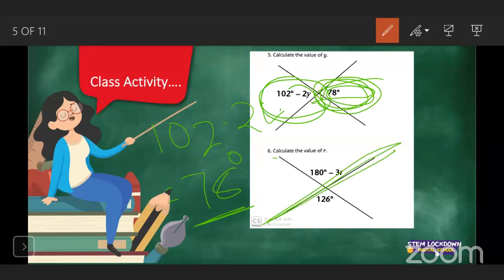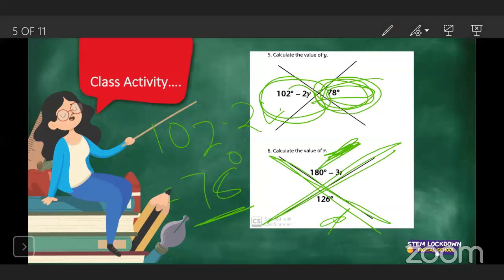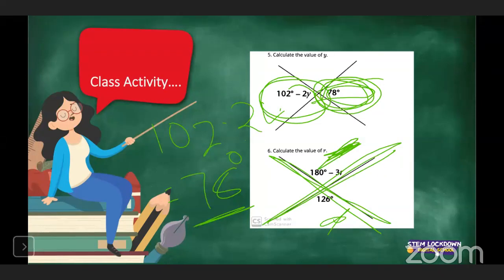You can see that the lines are straight, so they are vertically opposite to each other. 126 on the side must be 126 on the other side too. But on the side, we have 180 degrees minus 3r. So we must find the value for r first so that we can make them vertically opposite, make them congruent, make them the same, right?